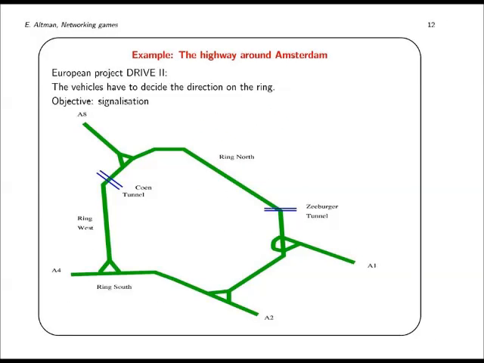Here is an example from road traffic. This is the Belt Road around Amsterdam. Each driver can decide whether it goes clockwise or anti-clockwise to its destination over the belt. The decision will rely on the estimated time.